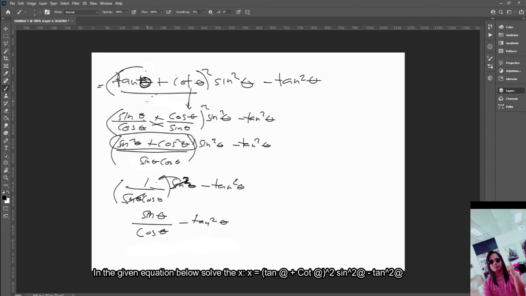Tangent squared, cosine of sine. Okay, cosine squared plus sine squared. This is 1. That's going to be tangent.